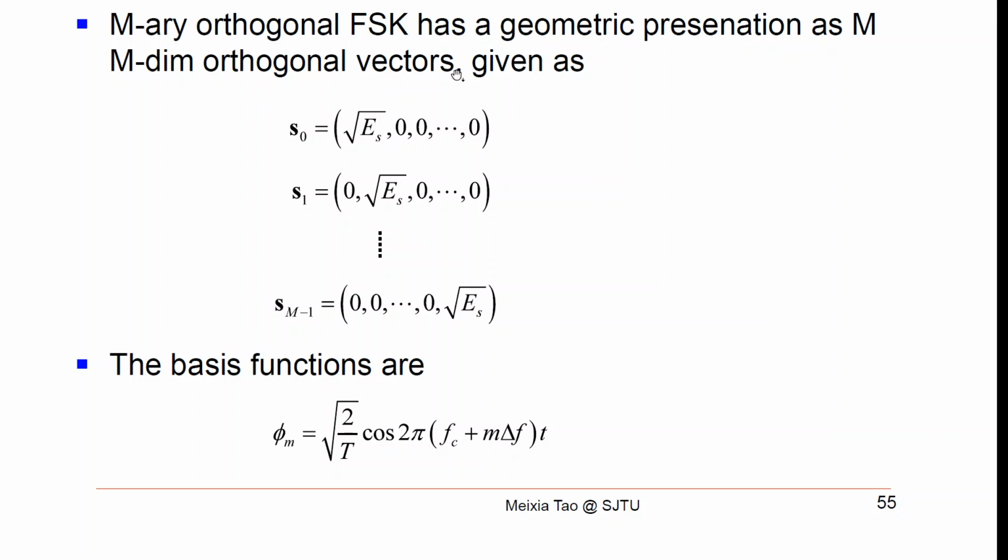So each signal can be represented like this: S0 is root of Es, 0, 0; S1 is 0, root of Es, 0, 0; up to Sm minus 1 is 0, 0, 0, and so on, root of Es. This is the basis function: phi m is root of 2 by T cos 2 pi fc plus m delta f into t.